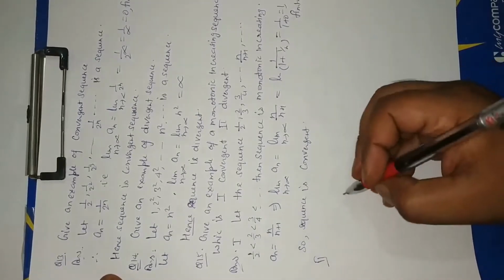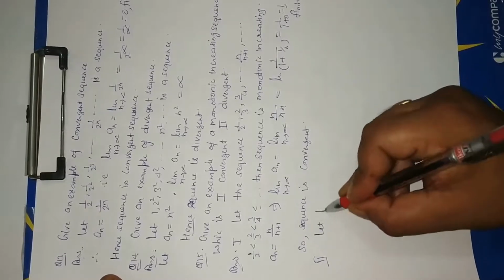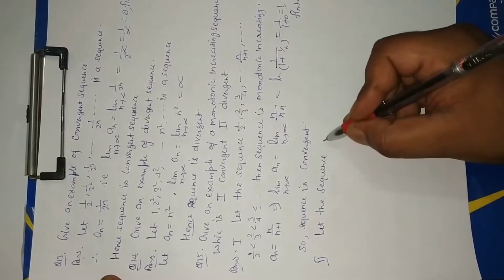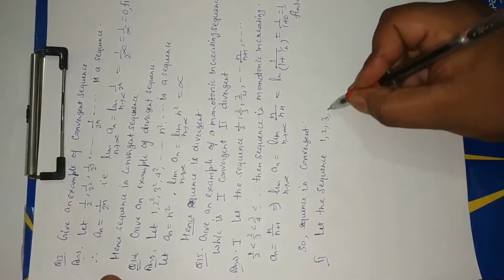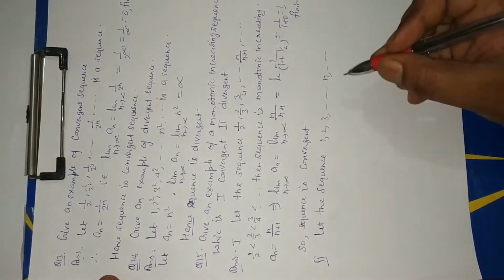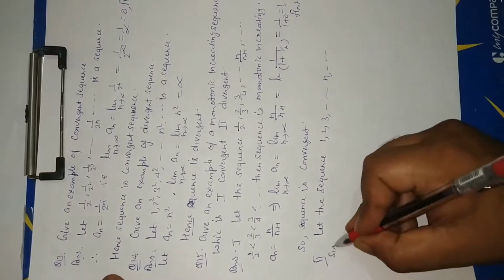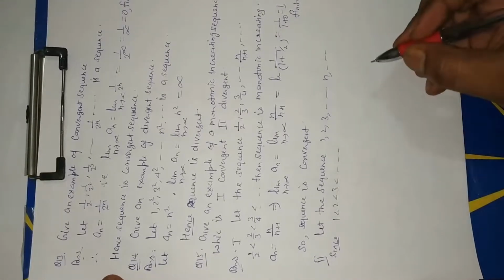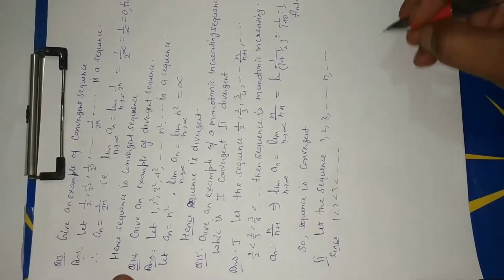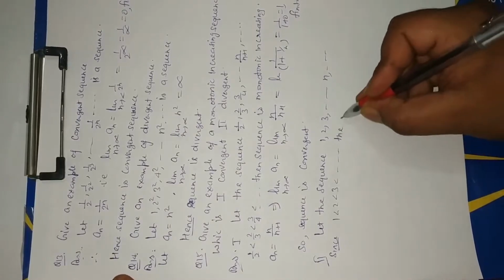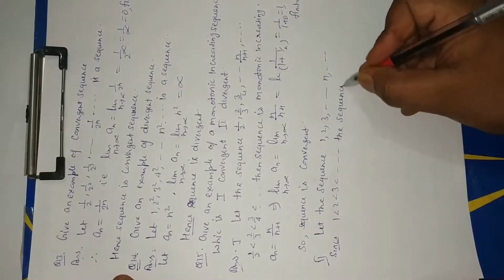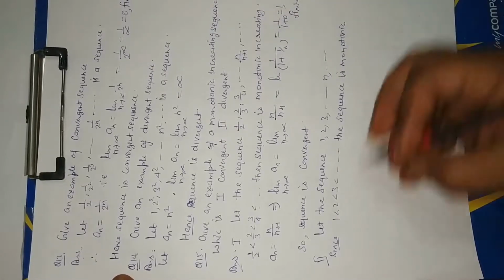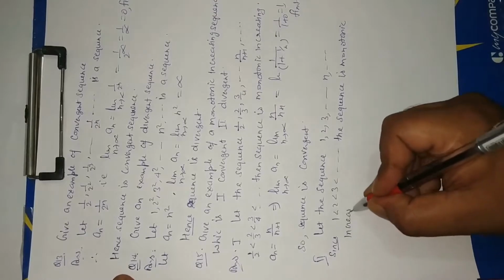Now second part. Let the sequence 1, 2, 3, up to n, and so on. Since their terms are 1 less than 2 less than 3 less than and so on, the sequence is monotonic increasing.